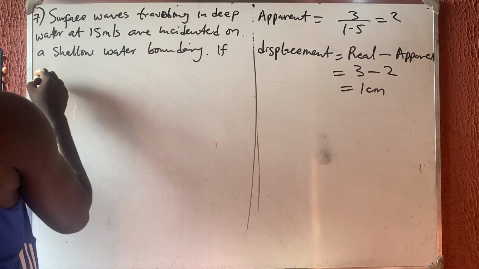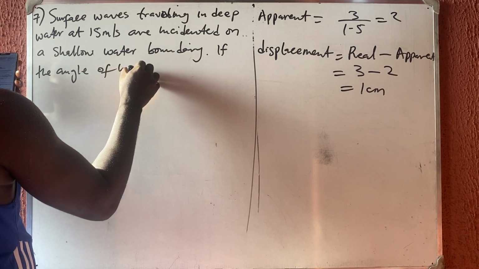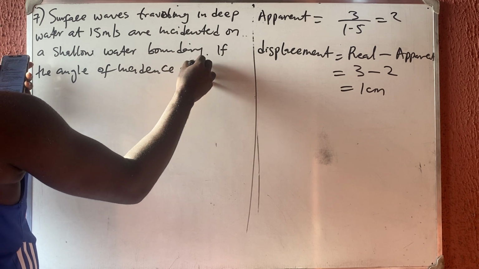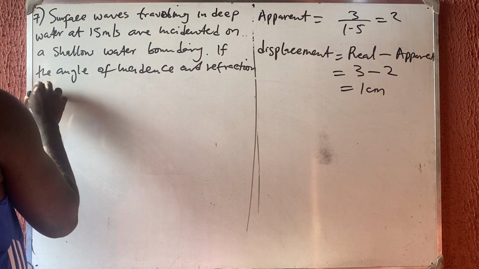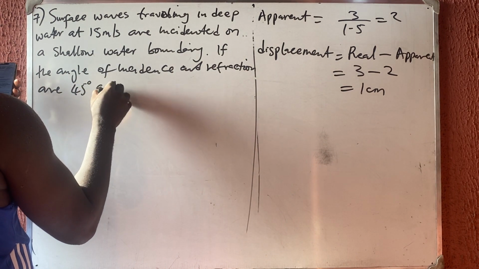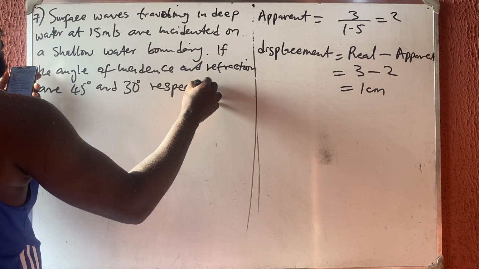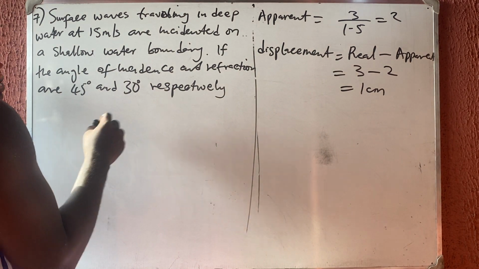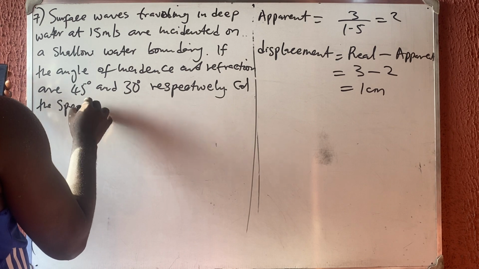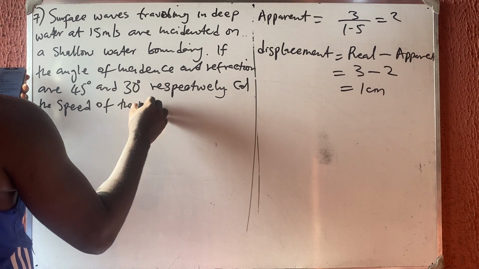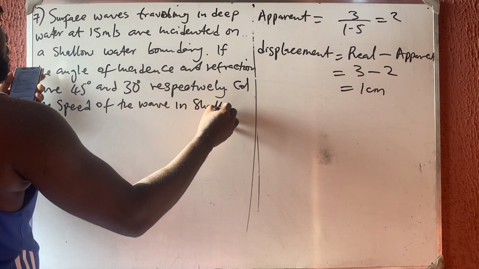Then it says if the angles of incidence and refraction are 45 degrees and 30 degrees respectively, calculate the speed of the wave in the shallow water.